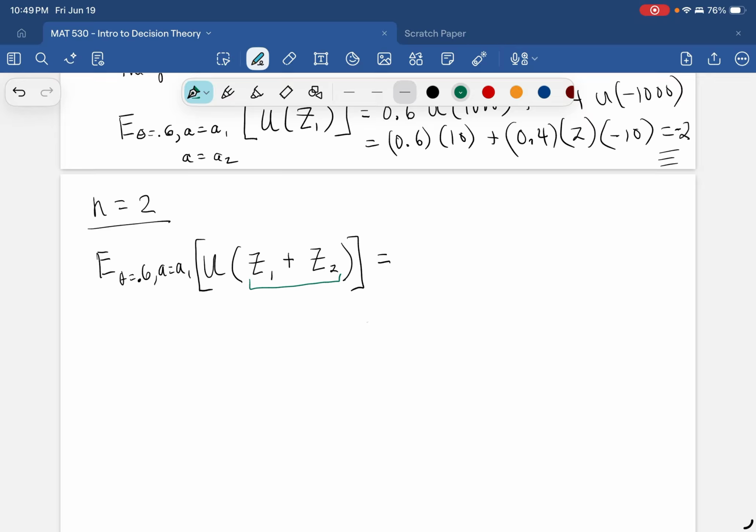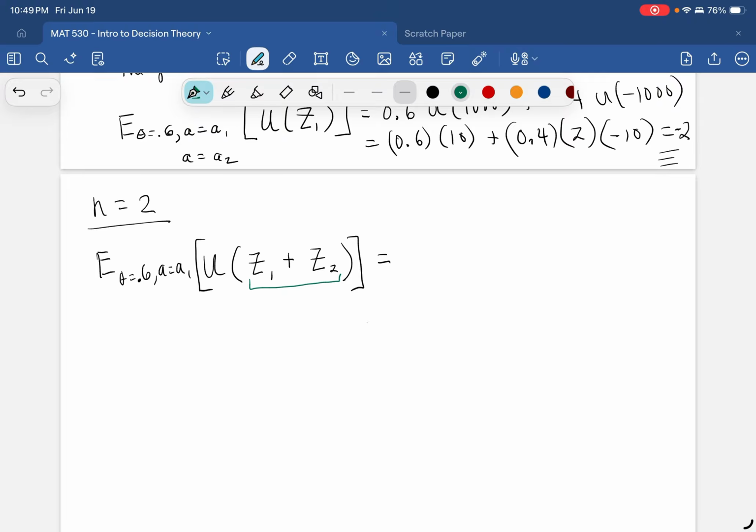So we need to determine the distribution of the sum of two of these independent random variables that are identically distributed, right? Each time the coin has a probability of 0.6 that it lands on heads and you win $1,000, and lands on tails with probability 0.4, and then in that case you lose $1,000.